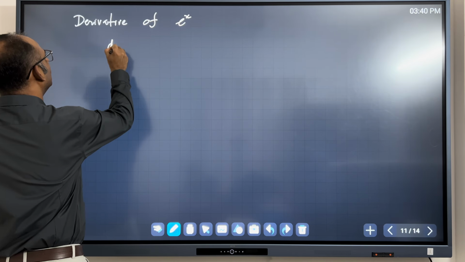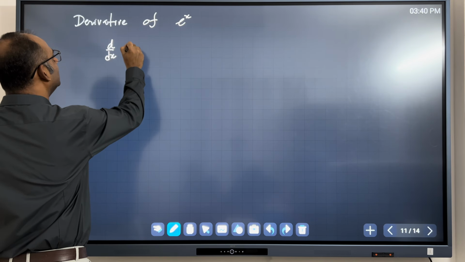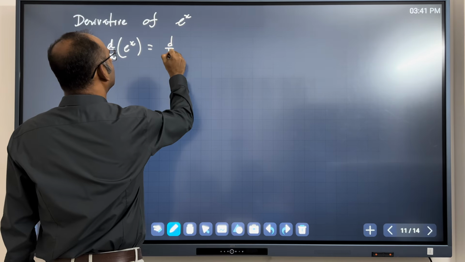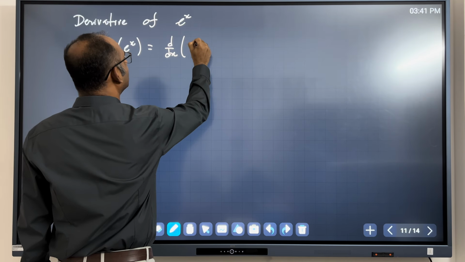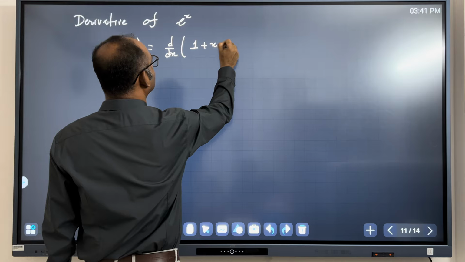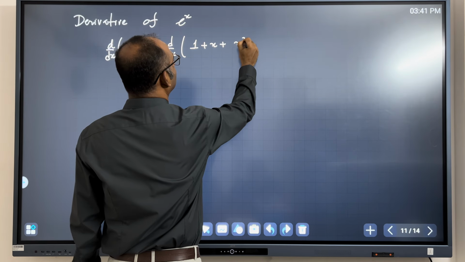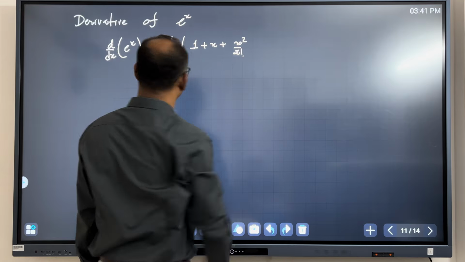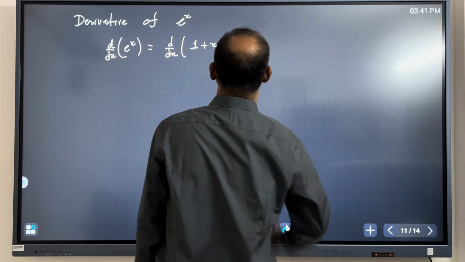So what is d over dx of e to the x? This is d over dx of 1 plus x plus x square over 2 factorial.